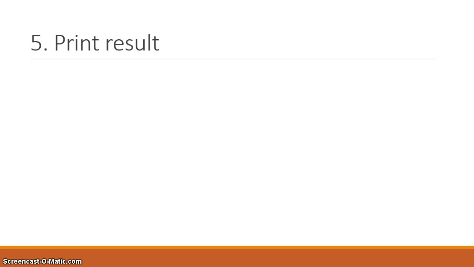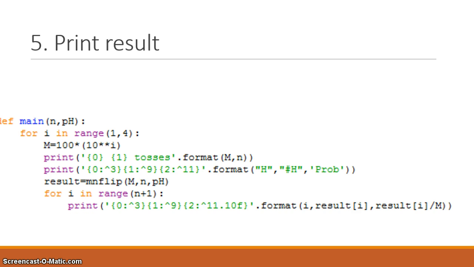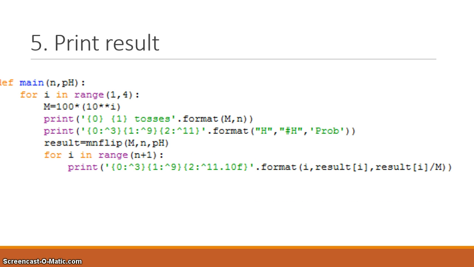And this is the part where I write the program to bring the result. First of all, I start a for loop in range from 1 to 4 because I want the value of i to be 1, 2, and 3.